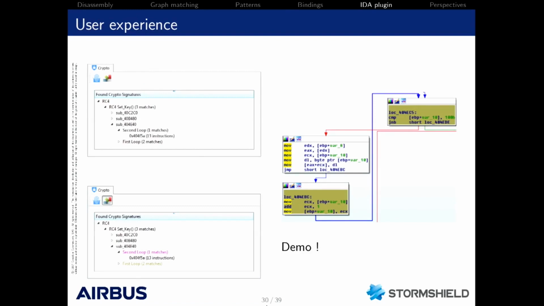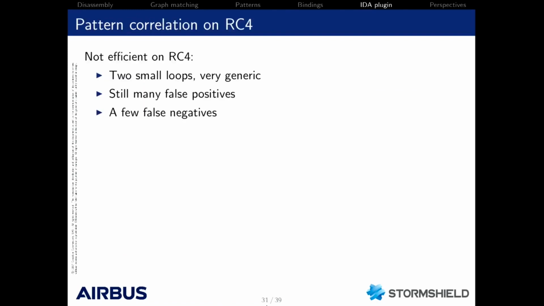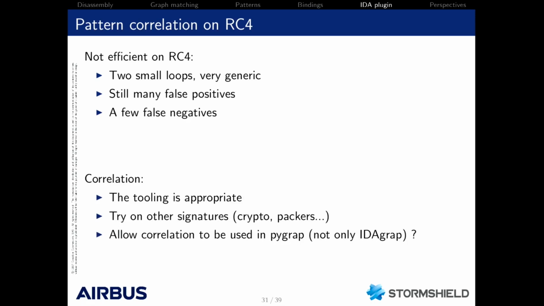So okay. For RC4, the matches are not efficient because the loops are very small and very generic. So we still have many false positives, but we have few false negatives, which is cool. So the tooling is appropriate, okay?